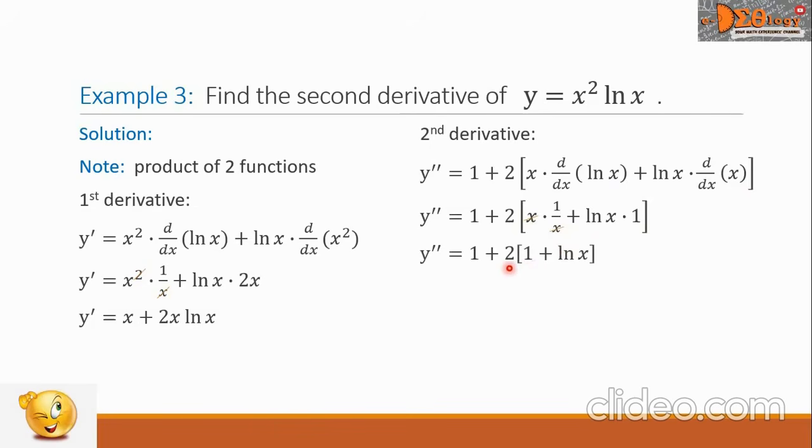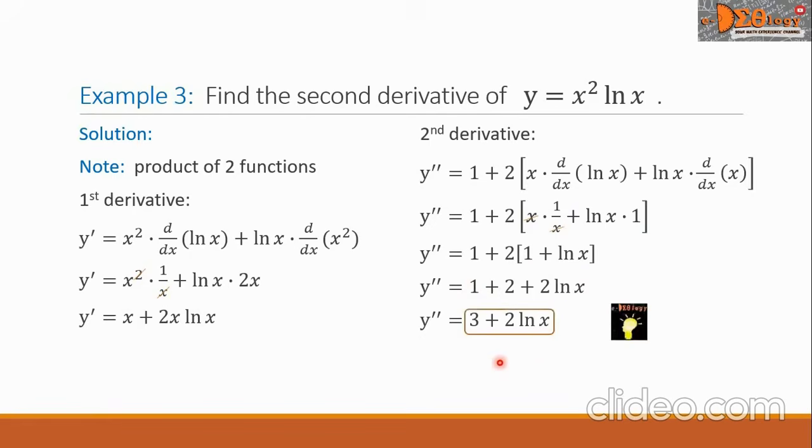Now let us multiply this constant 2 in all the terms inside the grouping symbol. So we have 1 plus 2 plus 2 ln x. This number 1 plus 2 can be combined together. So y double prime is equal to 3 plus 2 ln x. This is our final answer.